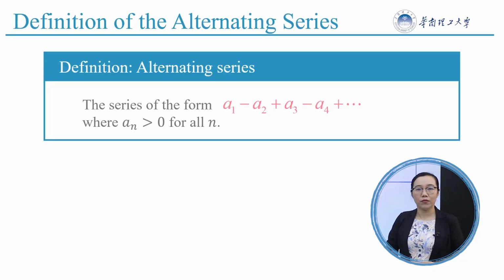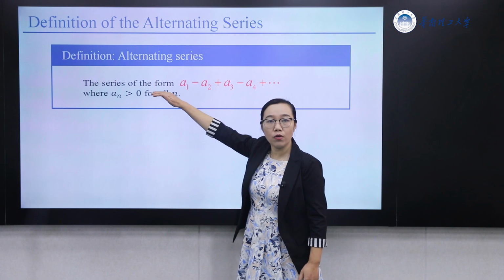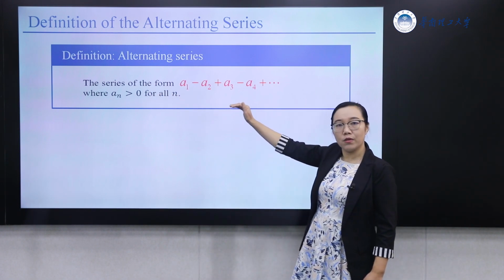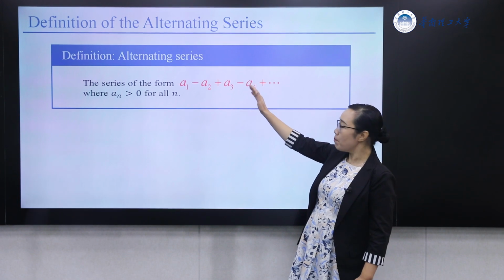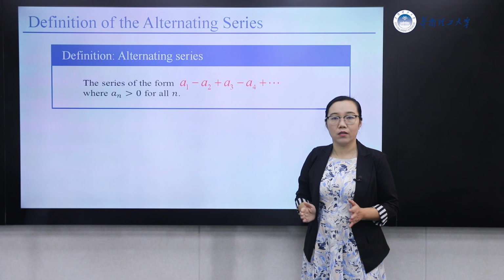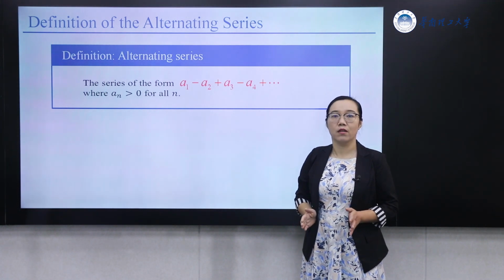Let's learn the definition of the alternating series. An alternating series is a series of the form A1 minus A2 plus A3 minus A4, where An is greater than 0 for all integers n.